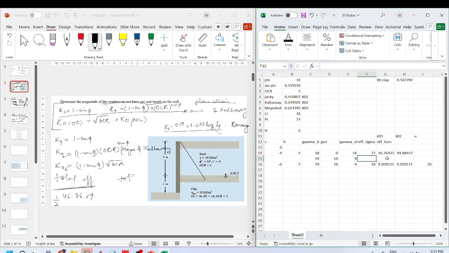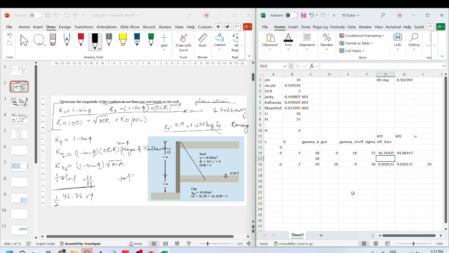Why, madam, 19? It is 18 only for the upper layer. Overburden is same, but why have you used gamma 19? Right, madam. Now it's clear.